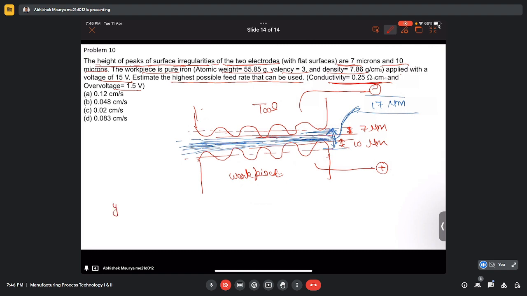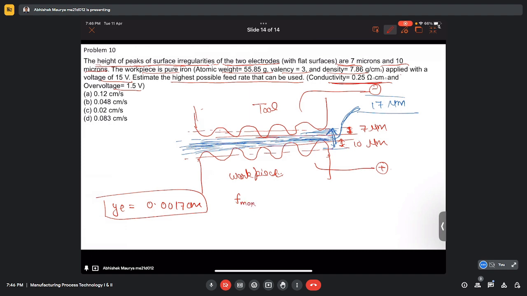So the equilibrium gap is nothing but 0.0017 centimeter, in order to avoid direct contact between the tool and the workpiece. And for that condition, what is the feed which we can give? There is a relationship.